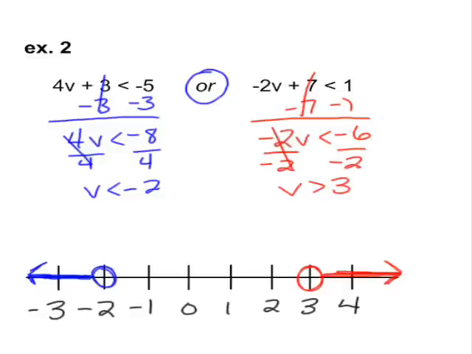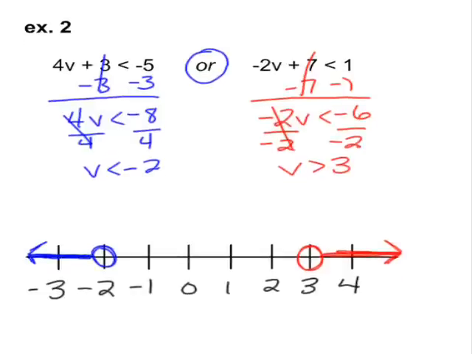And what example 2's solution on the graph tells me is that the solutions for these two inequalities are located less than negative 2 and greater than positive 3. The numbers that are in between these dots, if I'd plugged those in for v for both of these inequalities, it would have given me a false statement. So the solutions do not exist between the numbers negative 2 and positive 3.